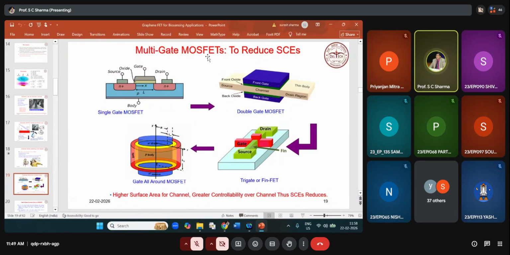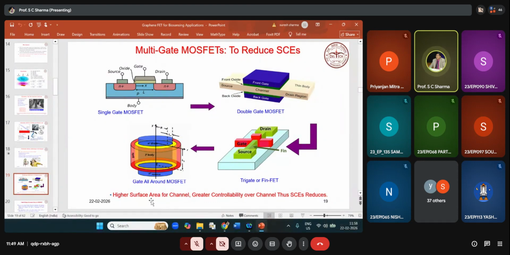So this is single gate MOSFET: source, drain, gate. Then double gate, front gate and back gate, source, drain. This is tri-gate or FinFET, and then gate all around MOSFET, a cylindrical kind of gate all around.